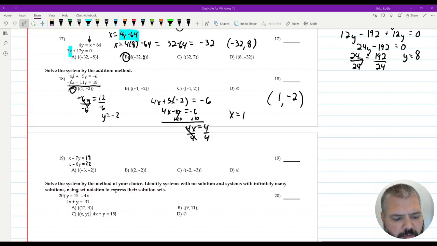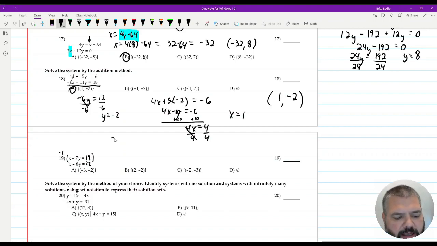On this next problem, I need to work still by the addition method. All right. I want the same number in front with different signs. So you can see I have a 1x and a 1x here, but I need one of them to be negative. So what I can do is take and multiply the entire equation by negative 1.